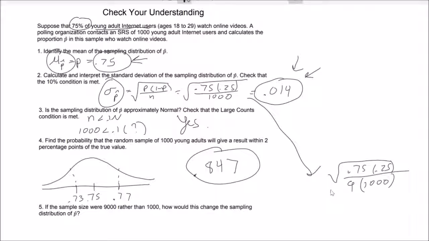The reason I do it this way is because we know how to take a square root of 9. So this is equivalent to 1/3 of that same thing, the square root of 0.75 times 0.25 over 1,000. So what does that tell us? That tells us that the standard deviation decreases to 1/3 of what it was.